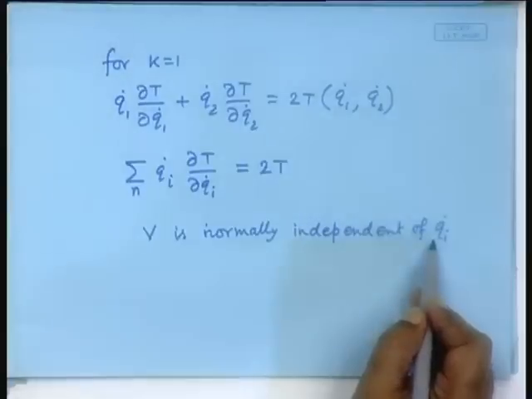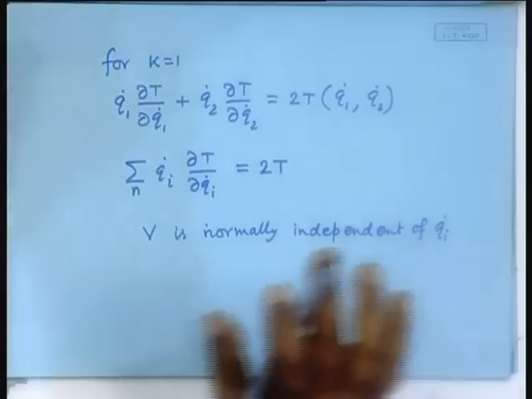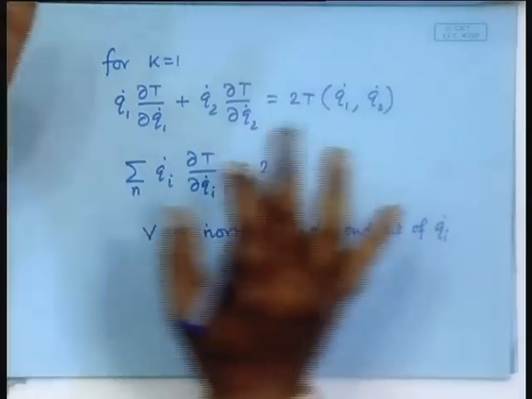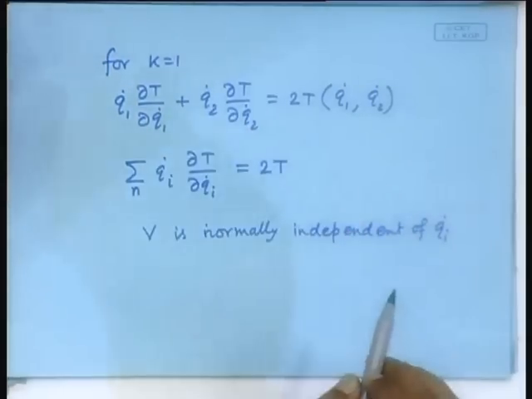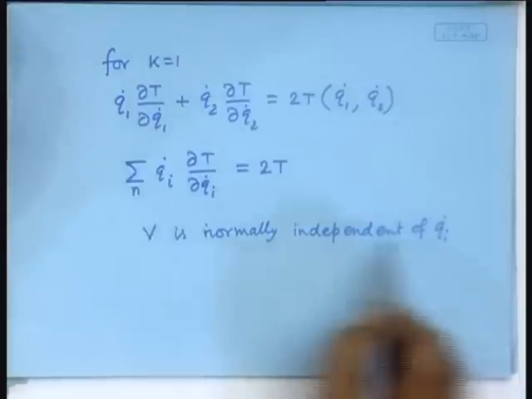We will come across situations where it can be, and in those cases we will have to exercise some caution in deriving the differential equations, but for most systems this is true.